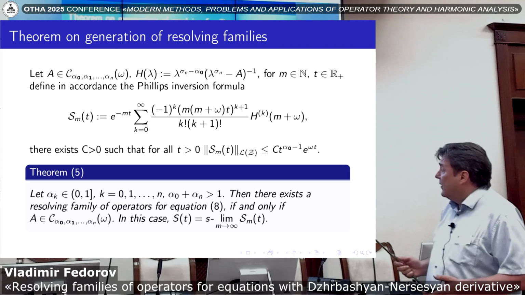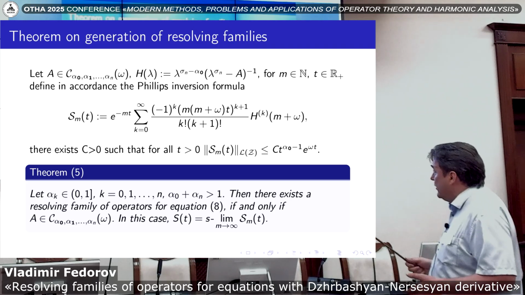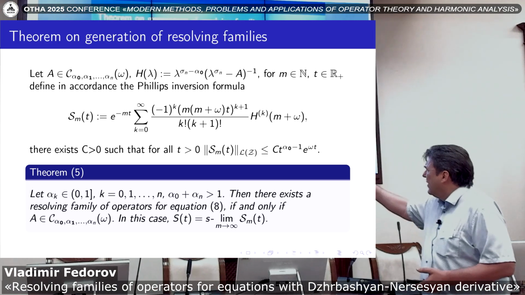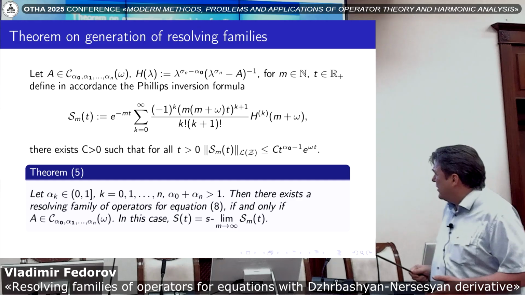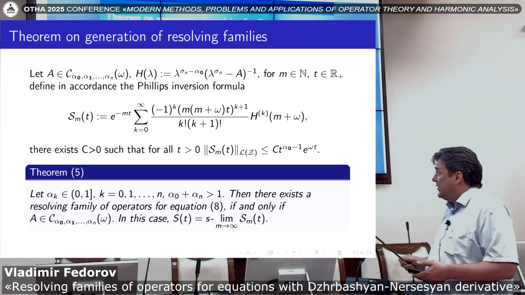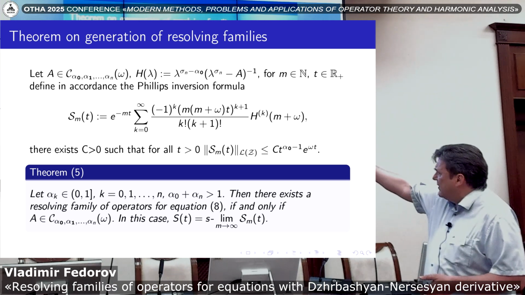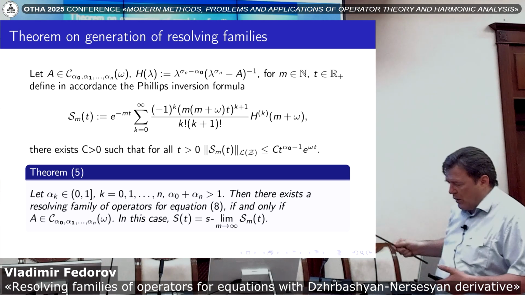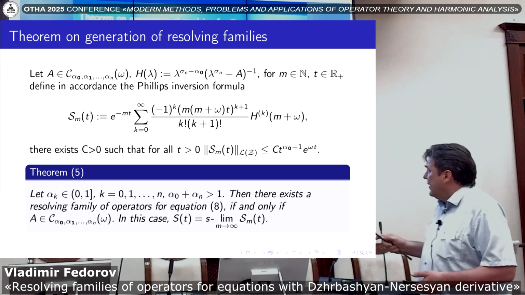And for representation of this resolving family, we use the Phillips inversion formula, passing to the limit, and we will obtain from these operators our operators of the resolving family.